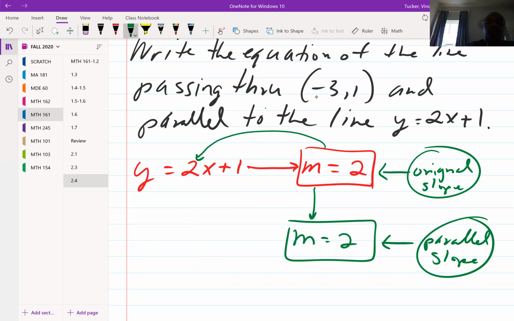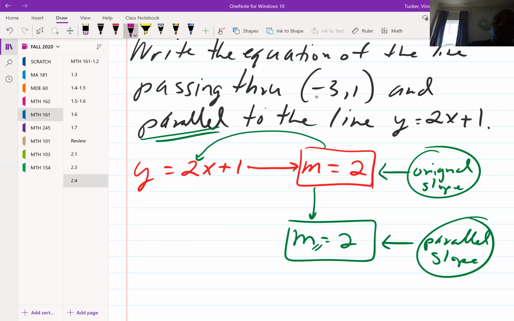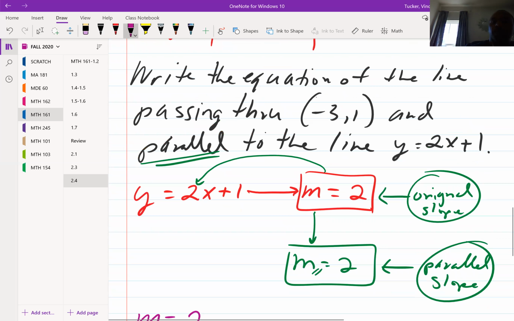We want a line that's parallel to the one that we have. So now we have our slope, which is 2, and our point, x1, y1, which is -3, 1.